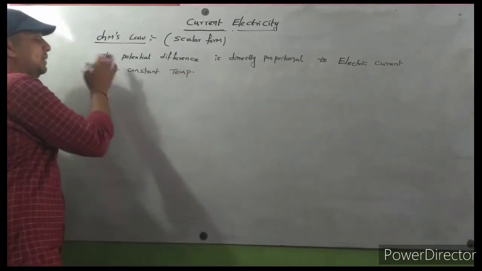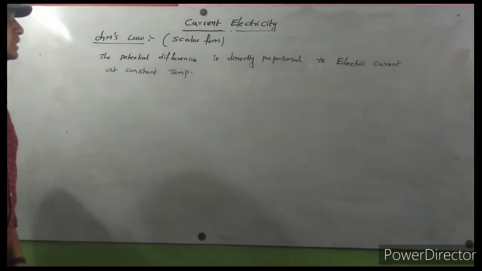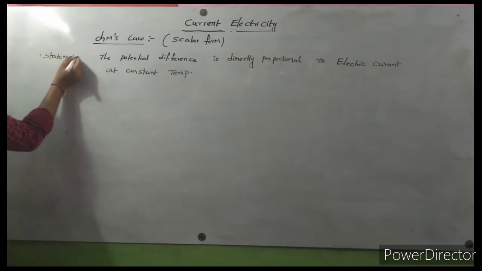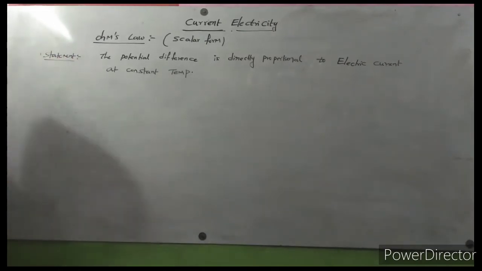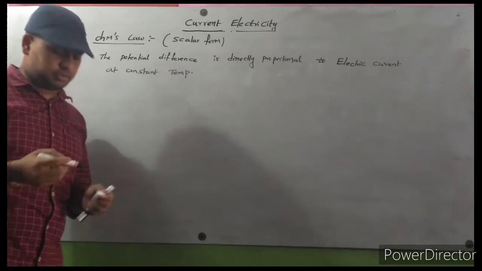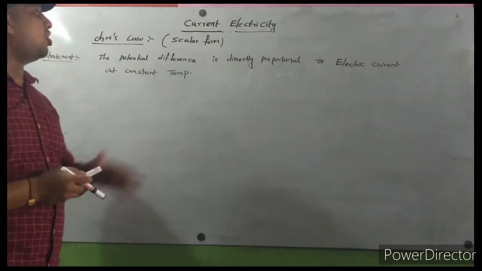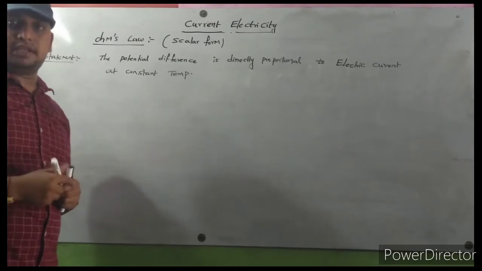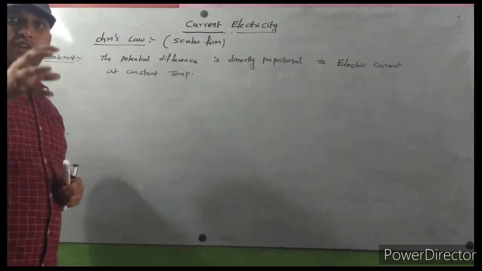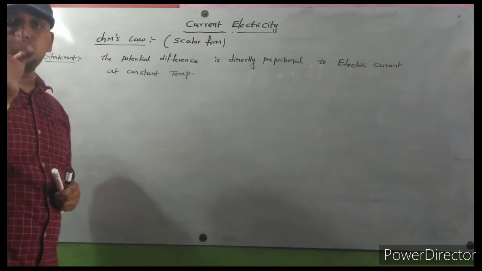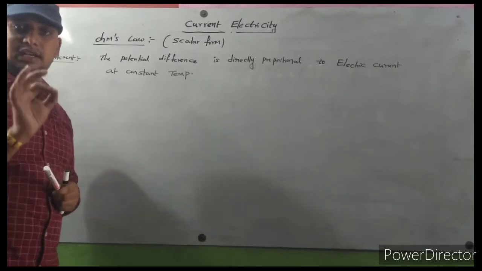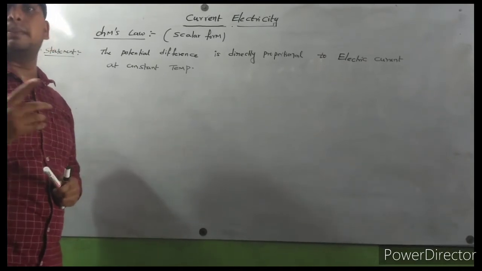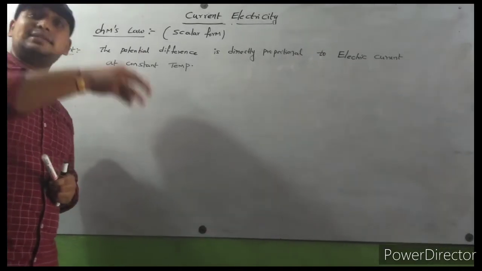So this is the statement of Ohm's law. What is the main statement of Ohm's law? Potential difference is directly proportional to electric current at constant temperature. If you consider any device that satisfies Ohm's law, definitely the potential difference across that device is directly proportional to the electric current passing through that device.